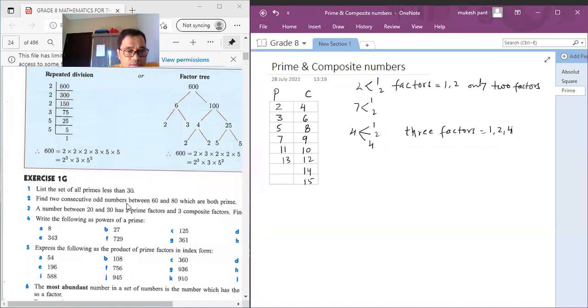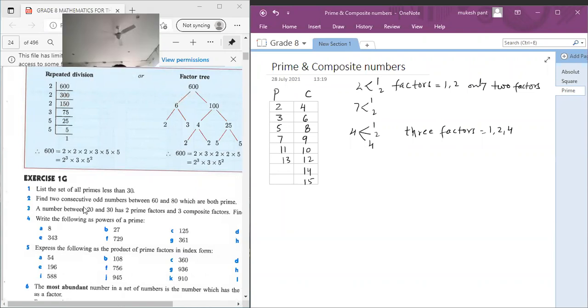Two consecutive odd numbers between 60 and 80 which are both prime. Yeah, guys, tell me. 71 and 73. Very good. 71 and 73, right.